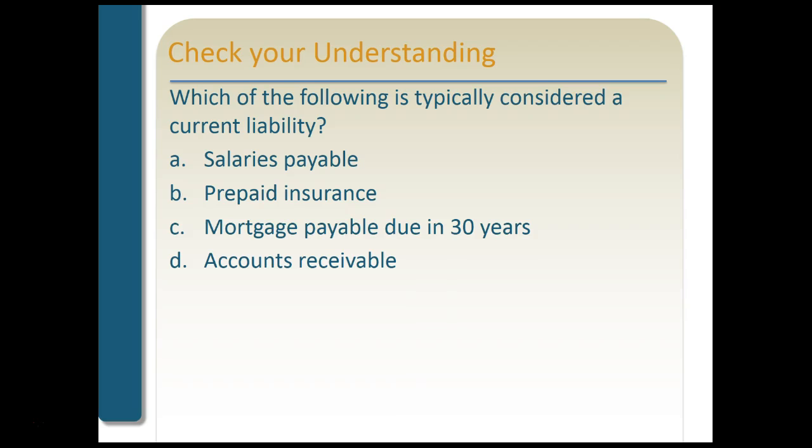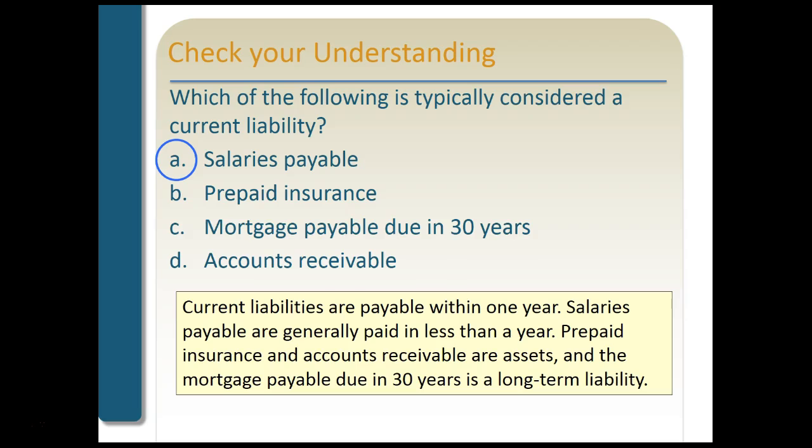They are not liabilities. They're assets, current assets. Mortgage payable due in 30 years, would that be a current liability? No. Salaries payable are due within 1 year. The mortgage payable due in 30 years would be a long-term liability.